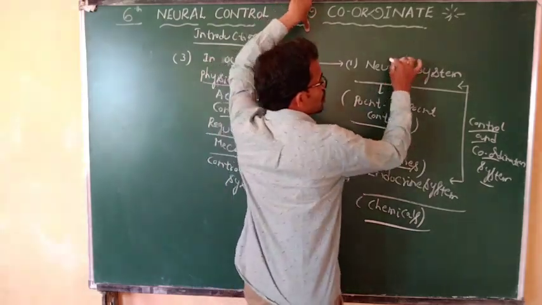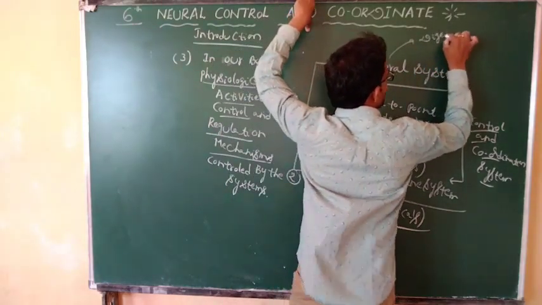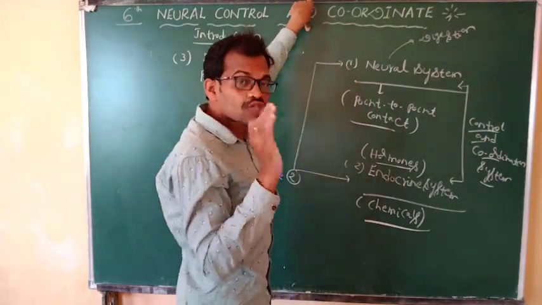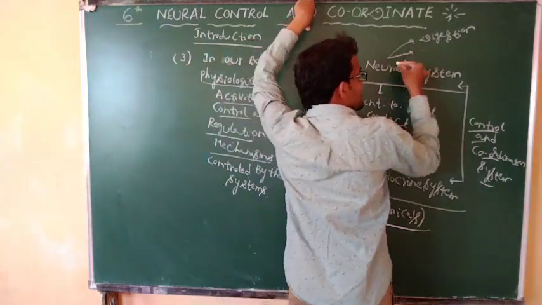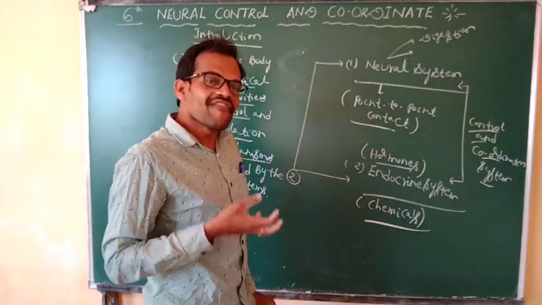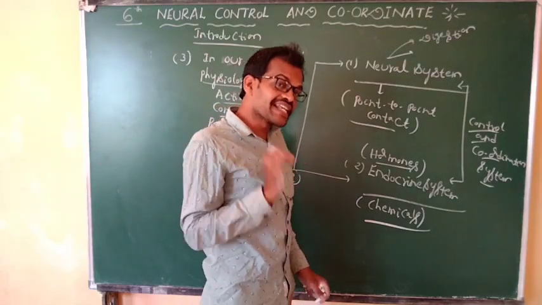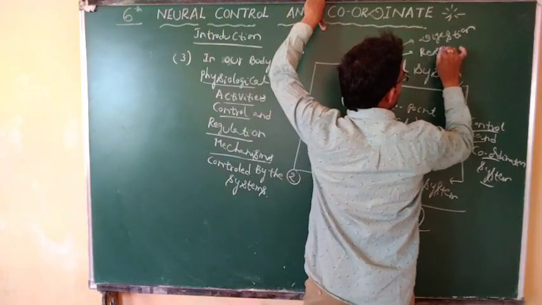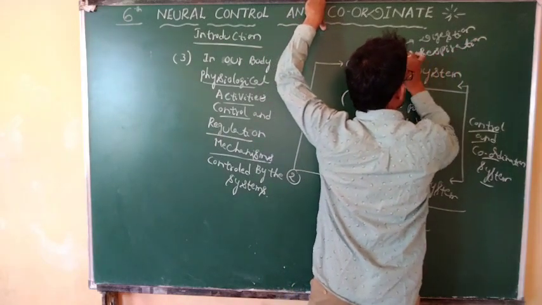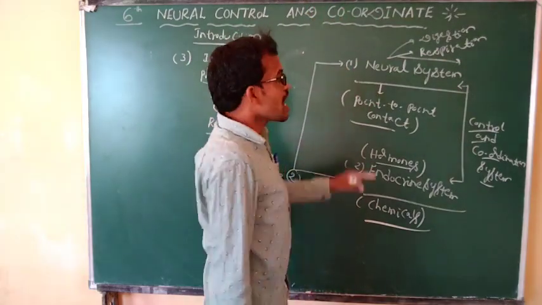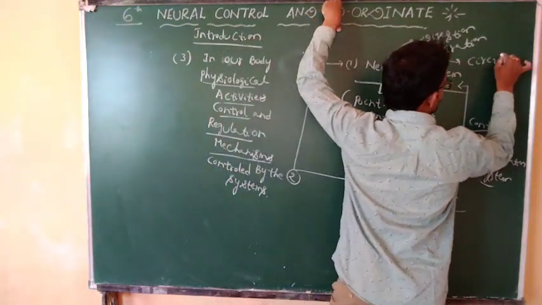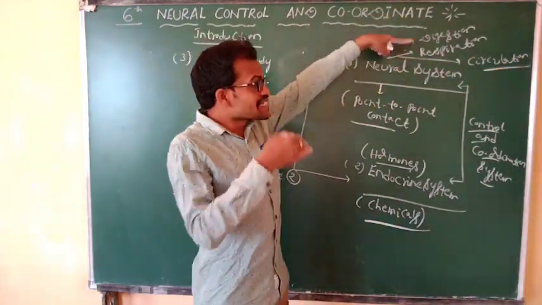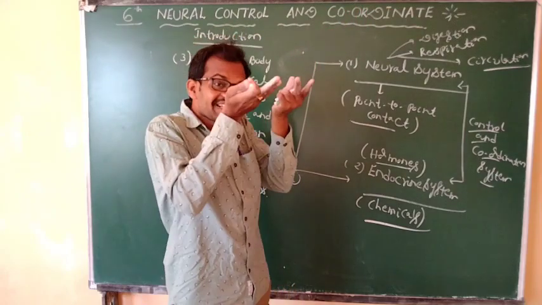The neural system is controlled by neurons, and it controls the digestion process. Whether the digestive process or digestive juices increase or decrease, it regulates the mechanisms. It also controls respiration, breathing, and circulation: increasing or decreasing the heartbeat, the respiration, the digestion.